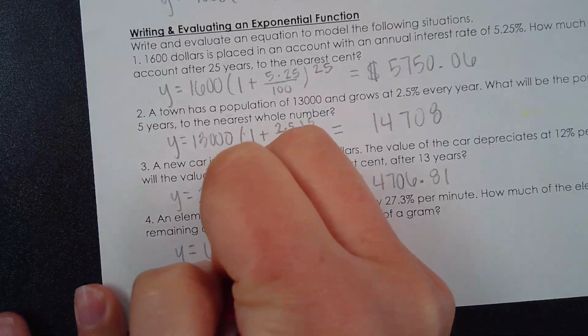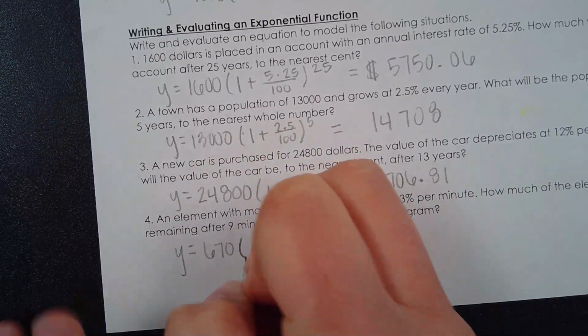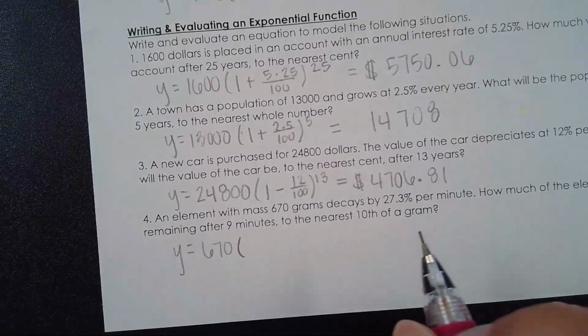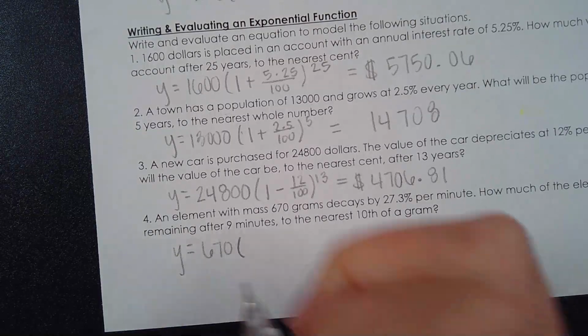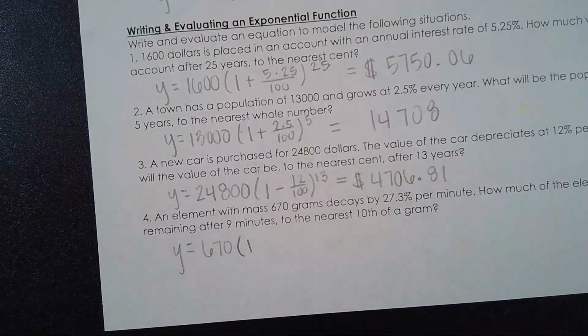Good job. 670. And then we'll have parentheses. Jayla, what goes next inside the parentheses before anything else? A 1. Good, good. We always got to get that 1 in there, okay? People tend to start forgetting that, but don't forget the 1.